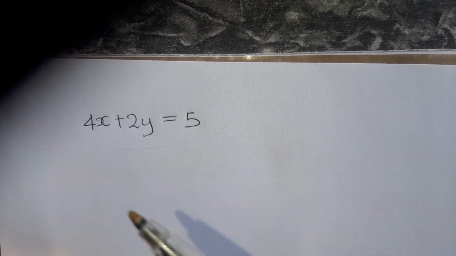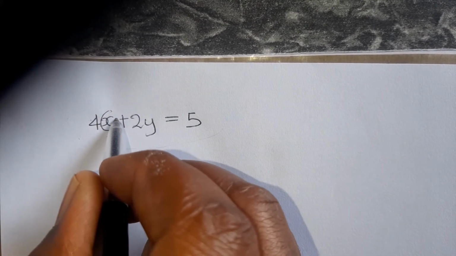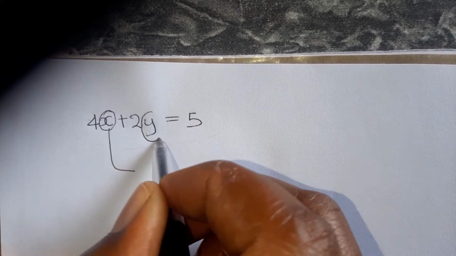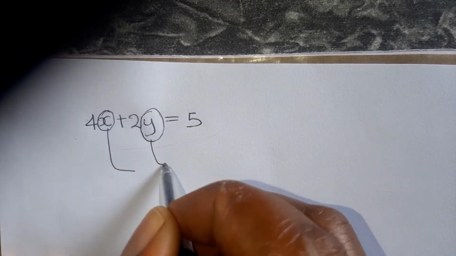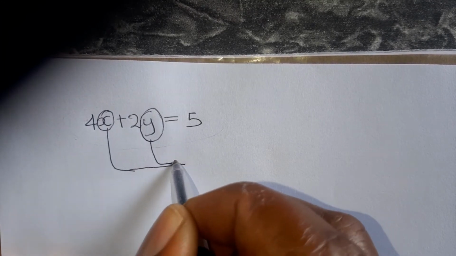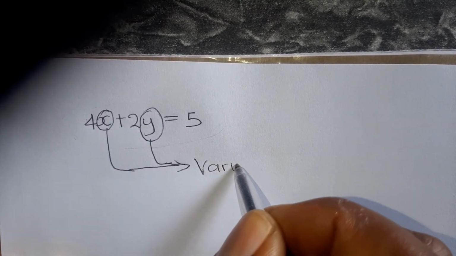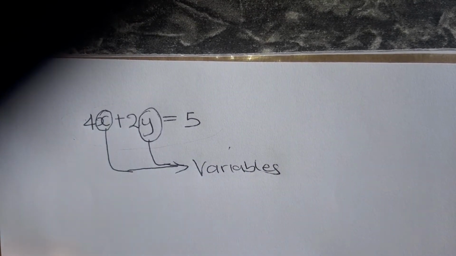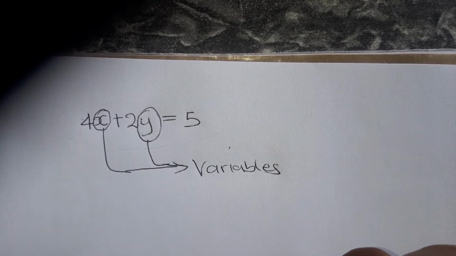So obviously here our x is a variable, and also our y is a variable. So these are variables, and that's basically it about variables. It's a symbol that represents a quantity that is unknown, basically.